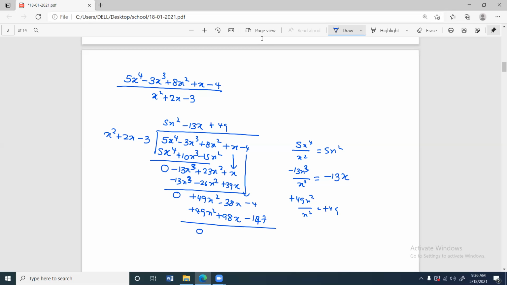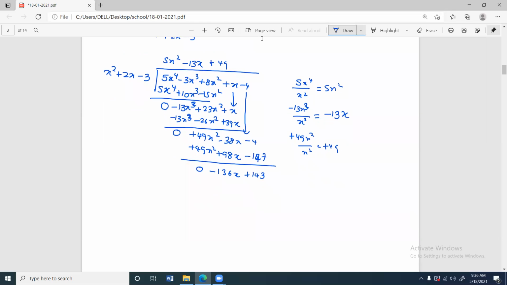Minus 38 minus 98 is minus 136x. Minus 4 minus minus 147, it turns out to be plus 143. Right. Okay. Then you can write the answer.